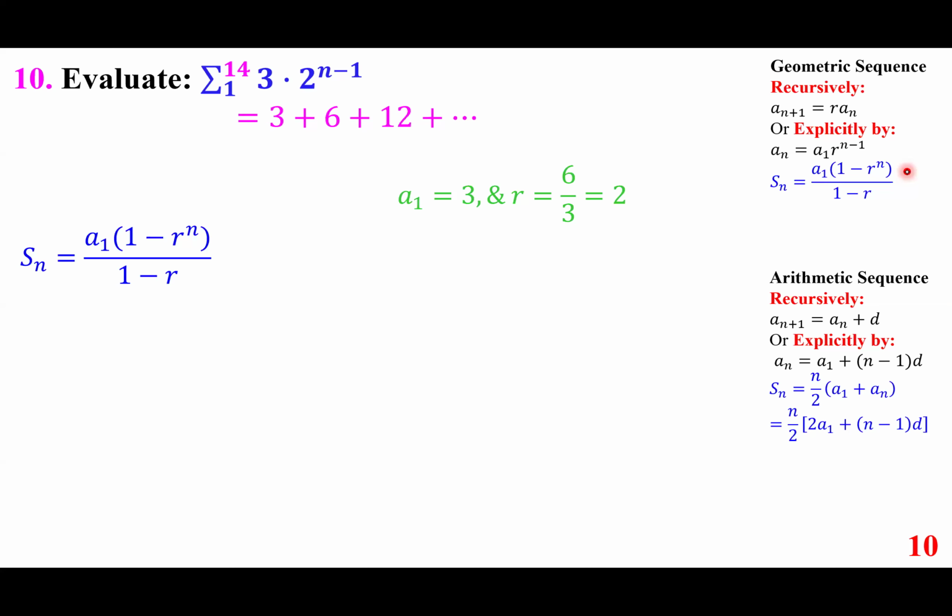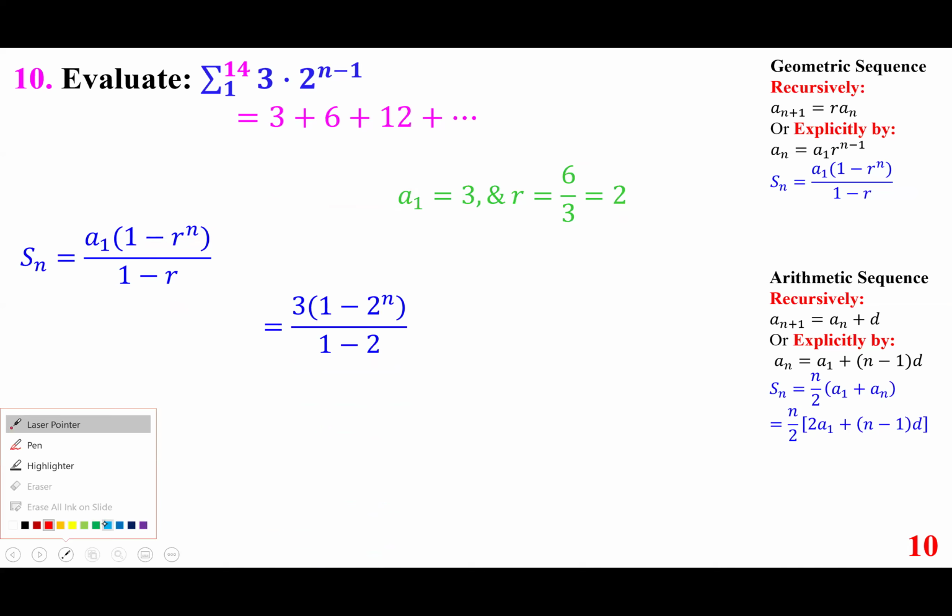Plug in. A sub 1 is 3. That's why we write this: 3 times 1 minus 2 to the power of n over 1 minus 2. I mean, the denominator is negative 1, which means just evaluate the numerator and negate that. That's the meaning of it. So that's the general idea.